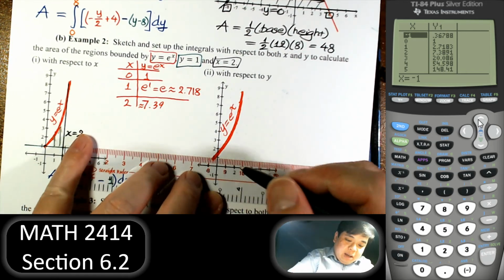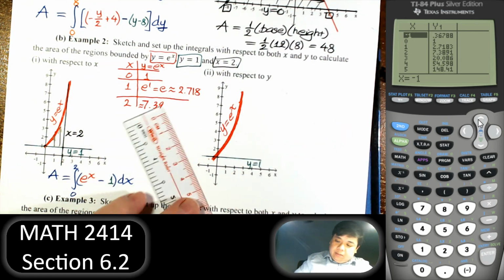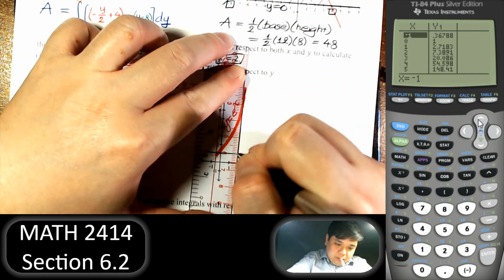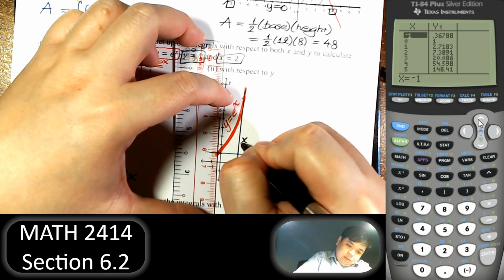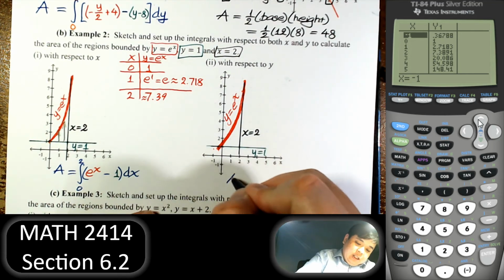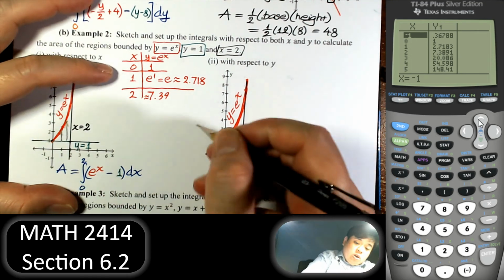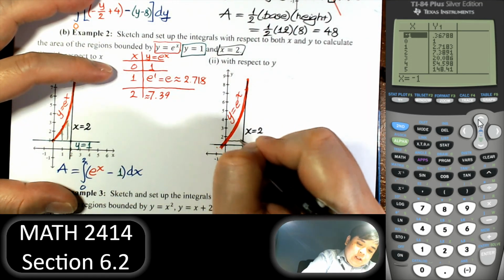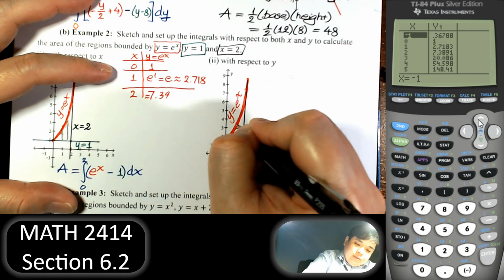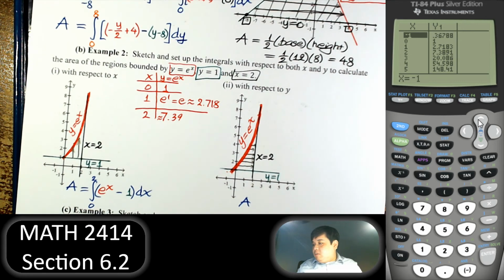So exactly the same thing. This time we use dy. Now let's look at this. In terms of dy, we need the horizontal component.